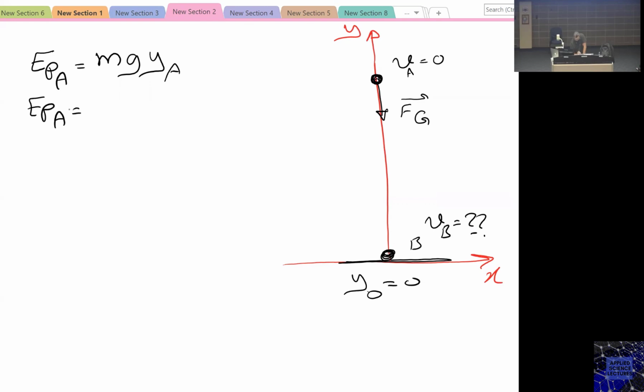EPA, what's the mass? 2 kilograms times 9.8 times, what's the height? 0.204. EPA is 4 joules.